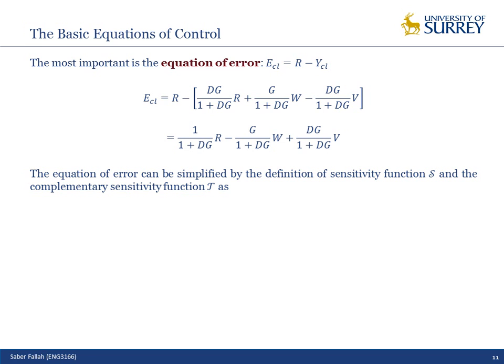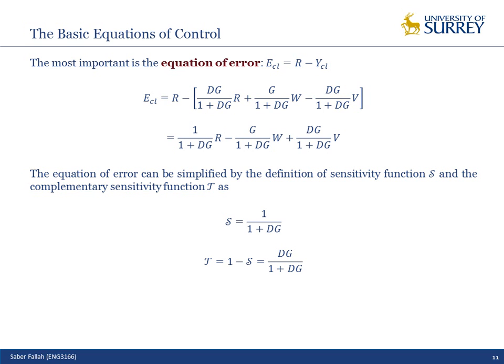Okay. But we can simplify this ratio by defining the variables capital S and capital T, the sensitivity function S and the complementary sensitivity function T. I define the sensitivity function S equal to 1 over 1 plus dg, and the complementary one as T equal to 1 minus S, equal to dg over 1 plus dg.